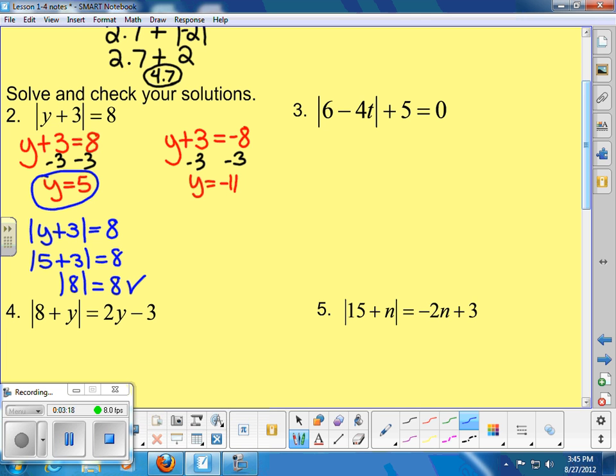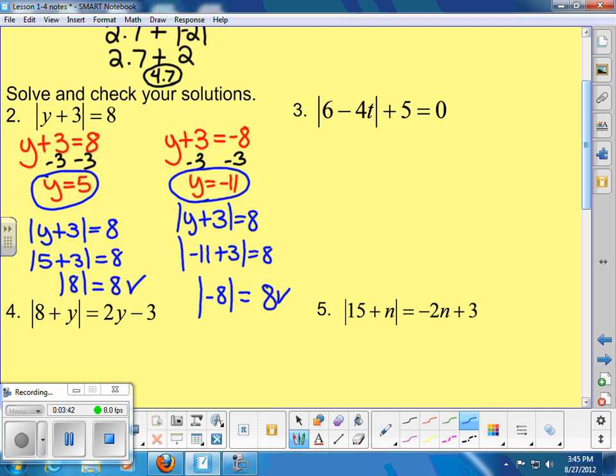Now let's check the other solution. Again, substituting into the original problem. And the absolute value of negative 8 also equals 8. So that proves our answer is also negative 11.